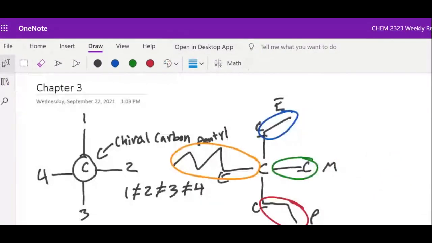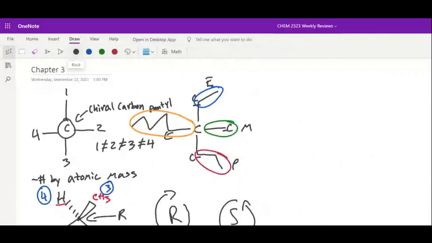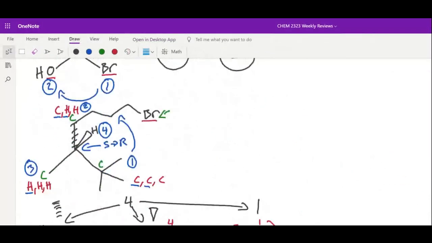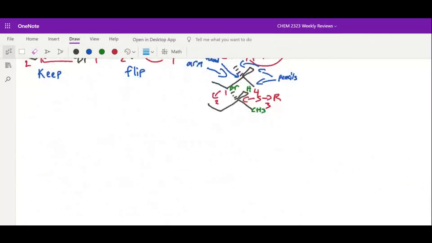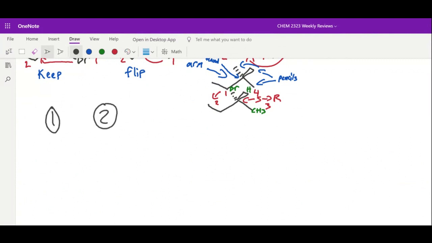That is important for chirality because it goes into your isomers. So real quick, we'll talk about enantiomers and diastereomers. And I briefly mentioned this already last week. So let's say you have compound 1 and compound 2. This is going to be for enantiomer.